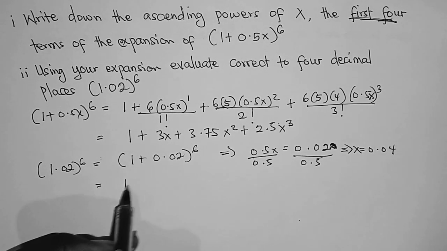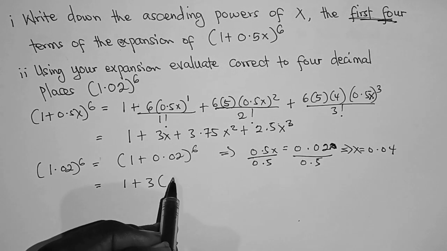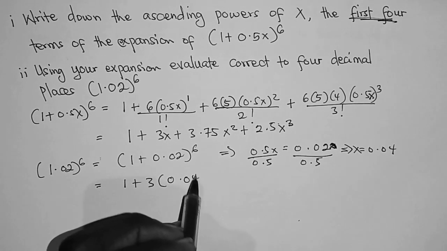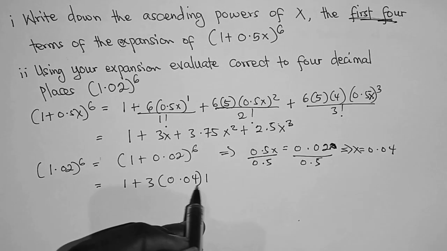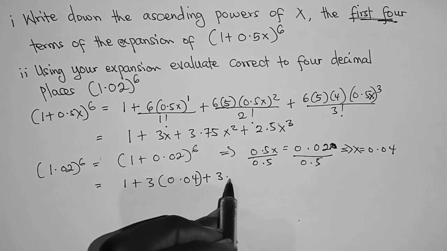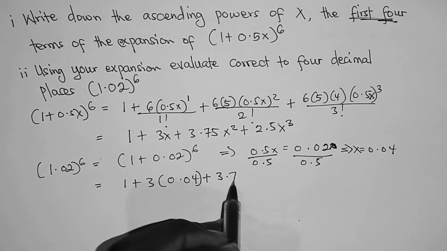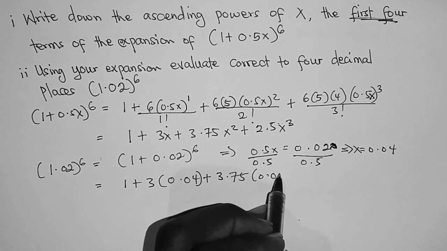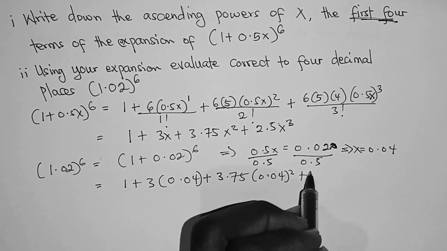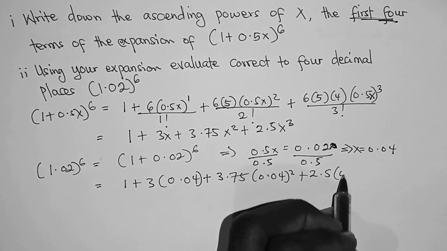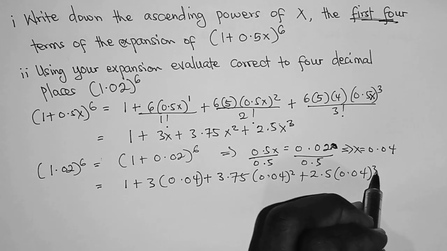So this is equal to 1 plus 3 times 0.04, then plus 3.75 times 0.04 squared, and plus 2.5 times 0.04 cubed.